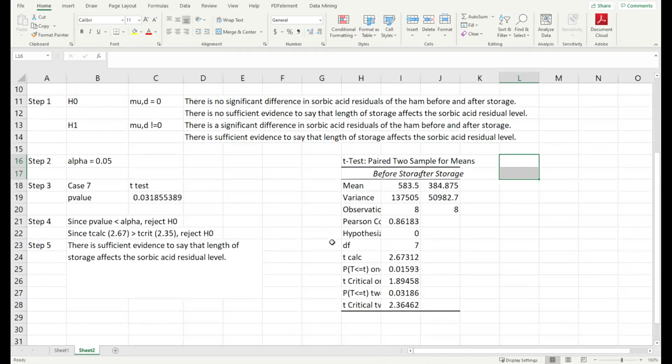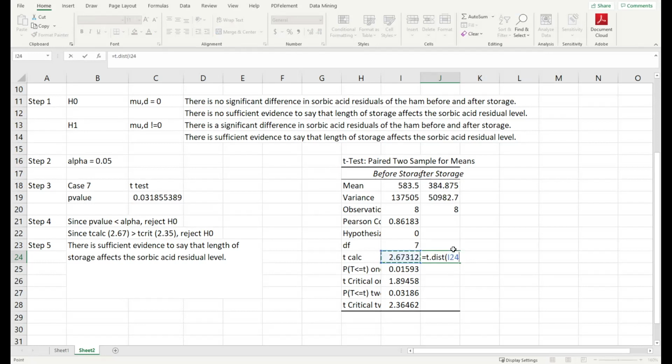Okay? So, ano pang pwede natin ma-conclude dito? Actually, itong t-calc na to, pwede actually tayo kumuha ng p-value dito, no? So, if you do t-test, t.dist ng value na to, tapos degrees of freedom na to, and cumulative, this is from the left side, no?